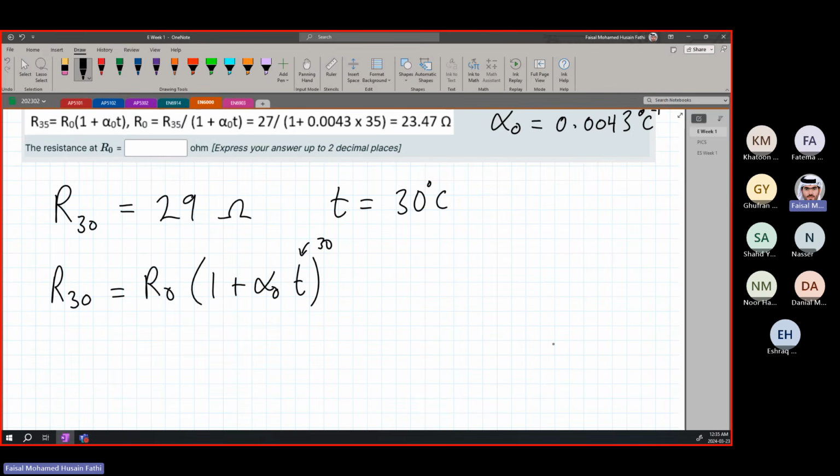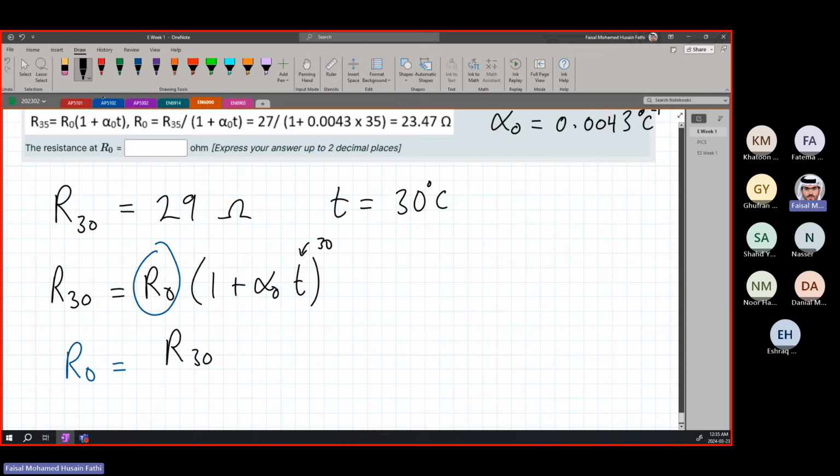If we simplify this to keep R0 on one side, because we are trying to find R0, R0 is going to be equal to R30 over 1 plus alpha 0 T. I'm just doing basic math.